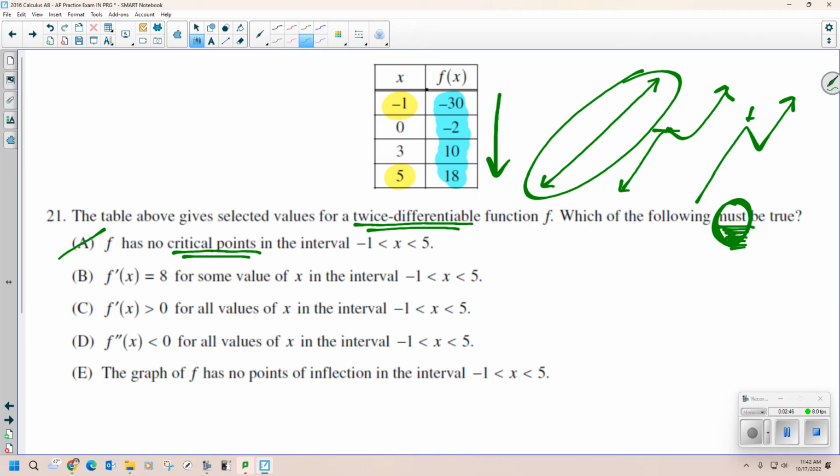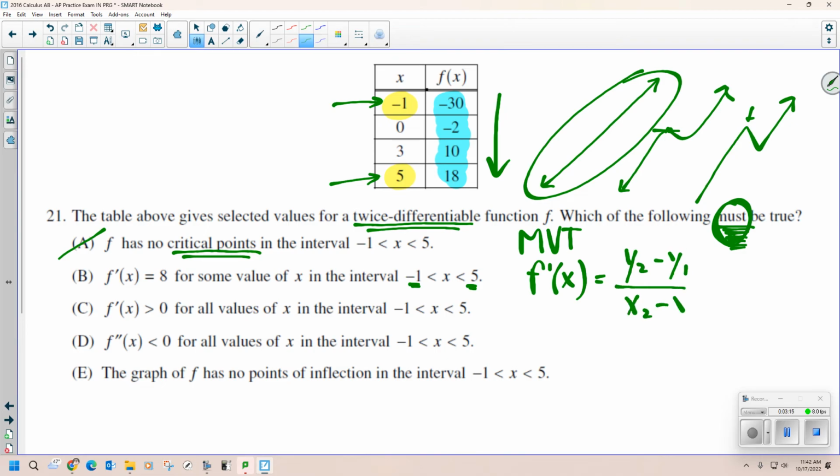Choice B, if f prime of x is 8 for some value of x in this interval, again from -1 to 5, this screams mean value theorem, which says my derivative at some point has to equal the average slope between the 2 points.